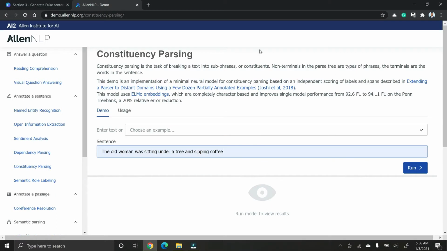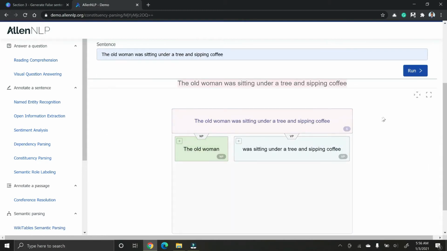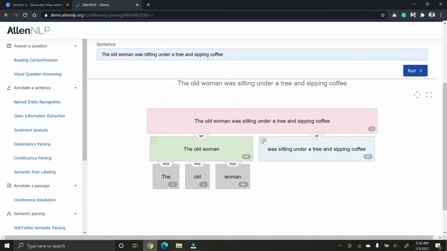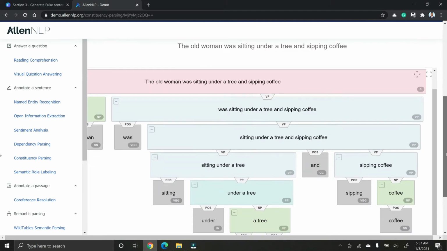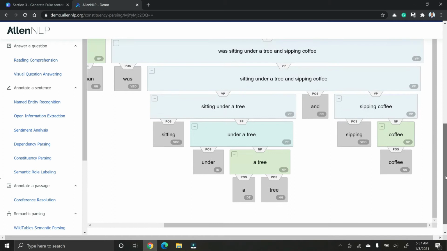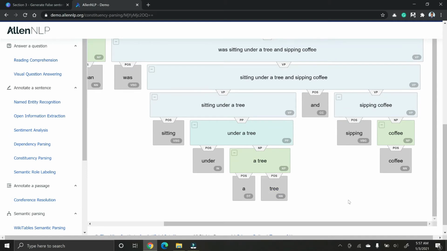So you can go to this link, demo.allennlp constituency parsing, and you can place any sentence here and click on run. You can see that the sentence is split into main, noun phrase and verb phrase, and you can further split each of them till the end to see all its constituents.